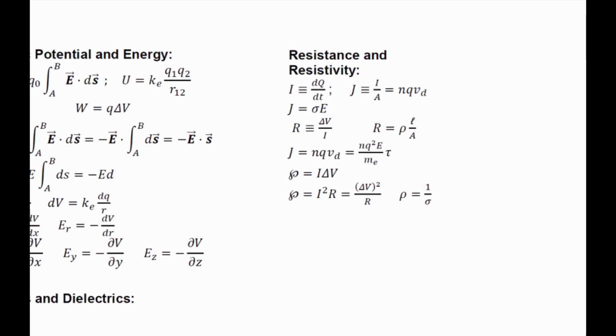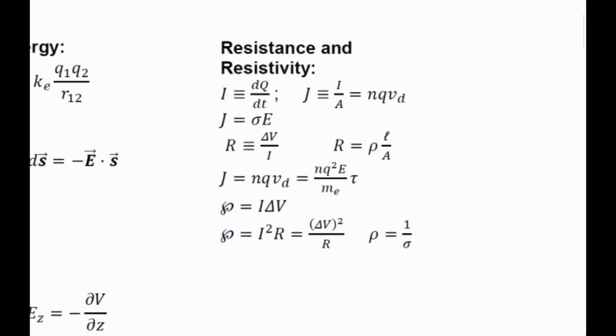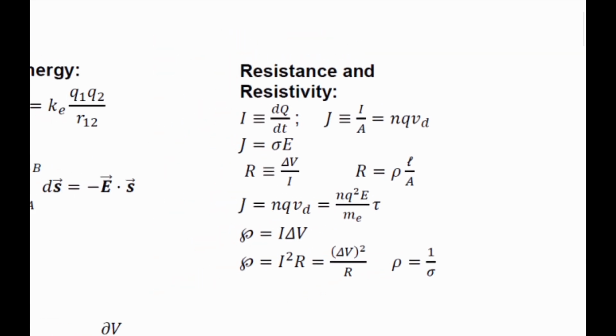Over here next to current density, you see another equation that's very important, and there are a couple of symbols in here. So I'm going to list out all these symbols to make you guys see a different picture of current. So here we have N. N is the number of charge carriers.